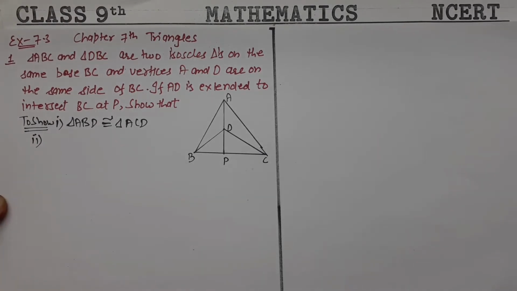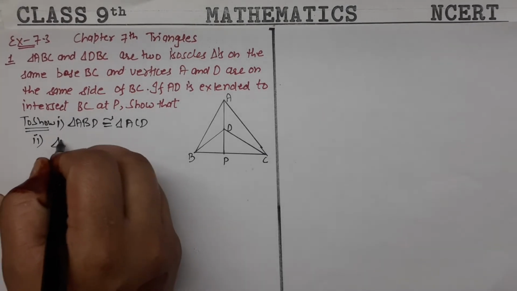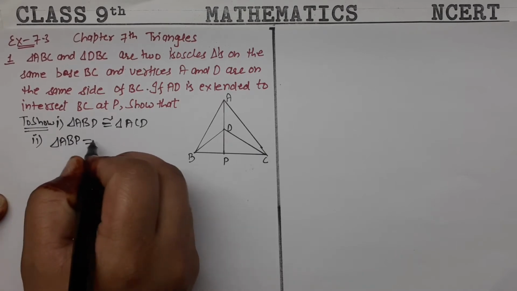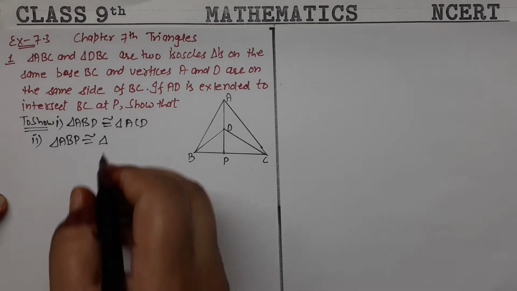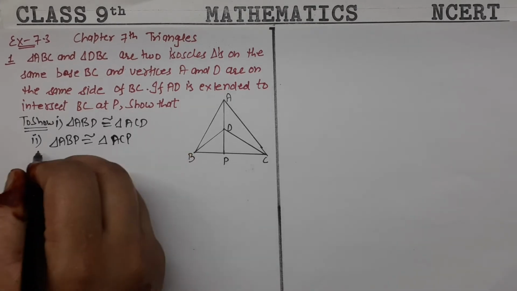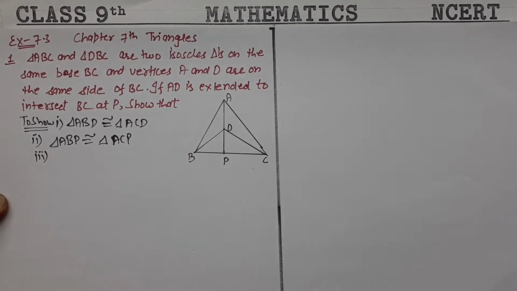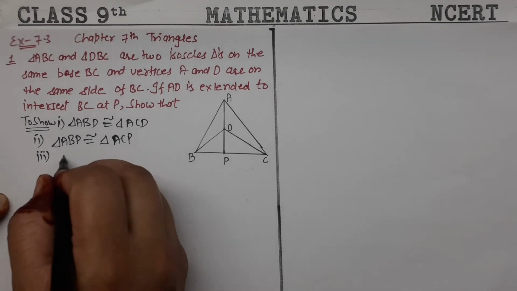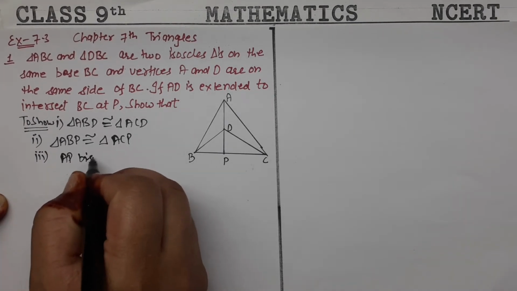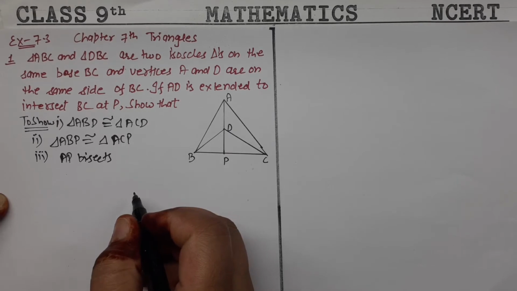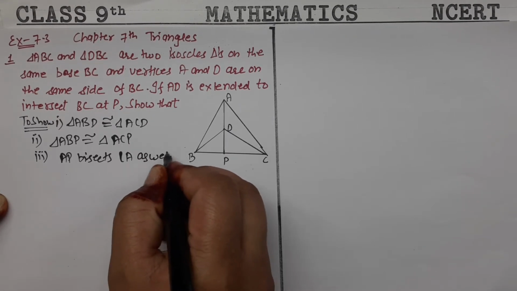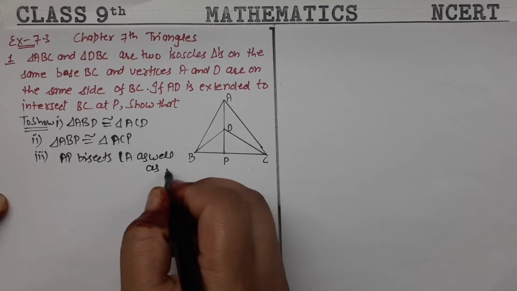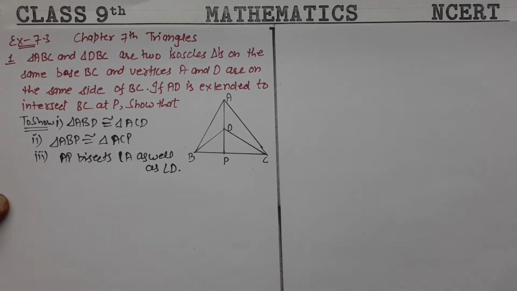Part second, triangle ABP is congruent to triangle ACP. Third part, AP bisects angle A as well as angle D.